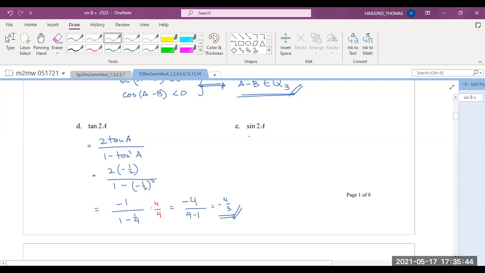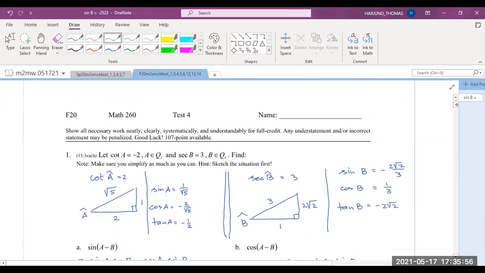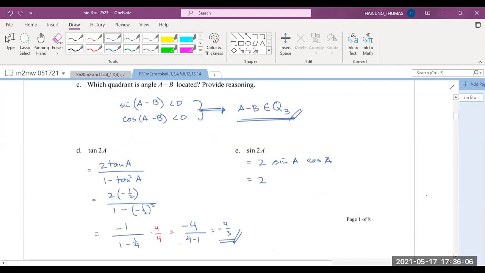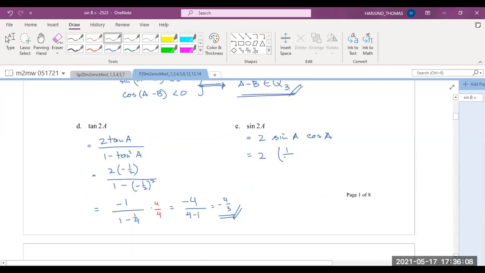How about sine 2A? That's 2 times sine A cosine A. Sine A is negative 1 over radical 5. I'm sorry, positive 1 over radical 5. The cosine is negative 2 over radical 5. So this is 2 times 1 over radical 5 times negative 2 over radical 5.